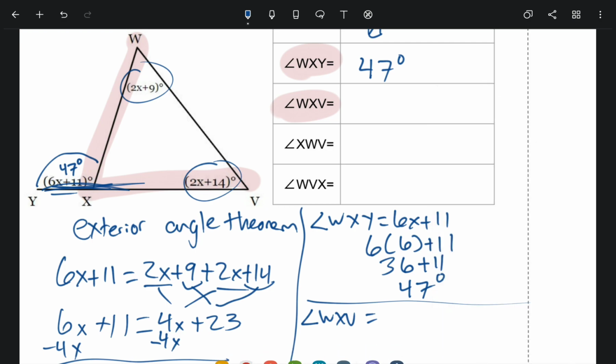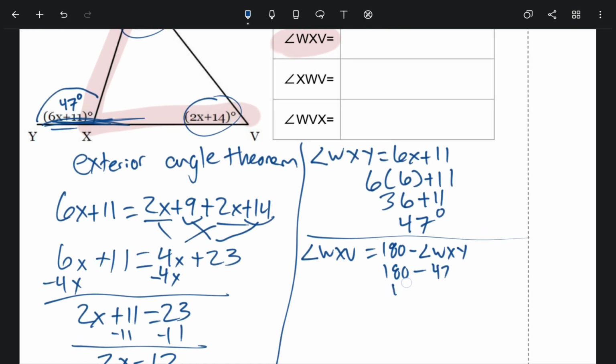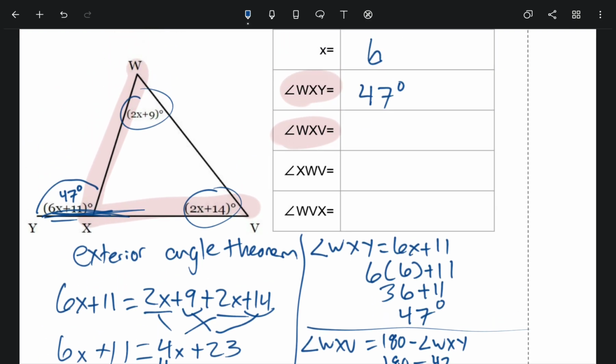So WXV is equal to 180 minus angle WXY, which becomes 180 minus 47, which is, nope, not 180, that is 133 degrees. So this angle right here is 133.